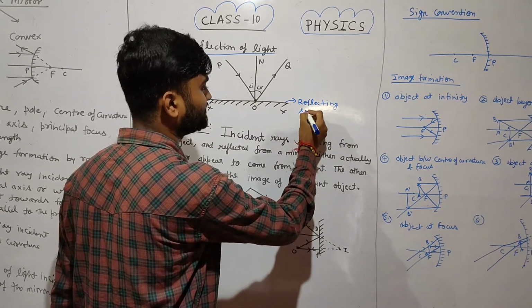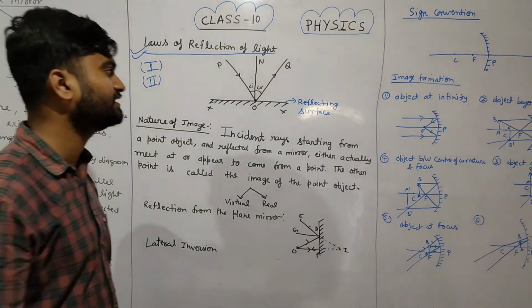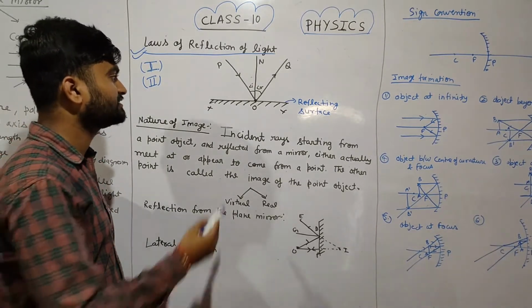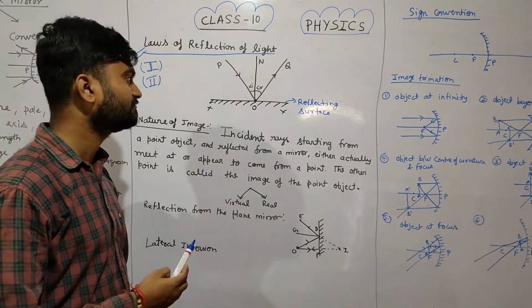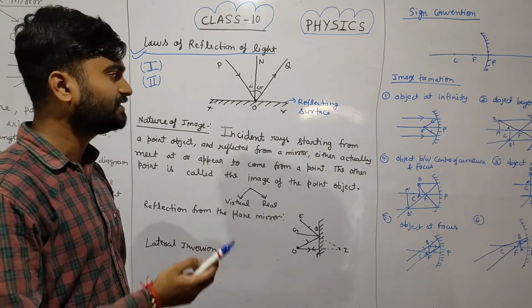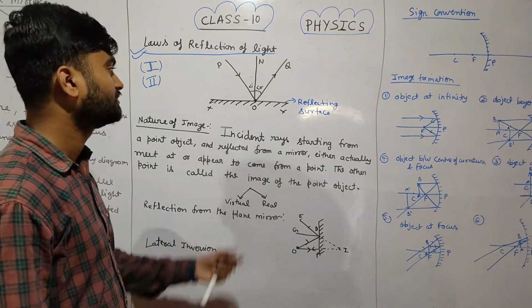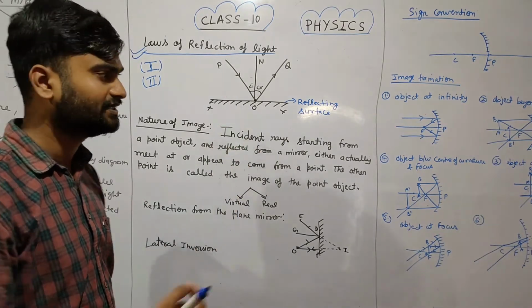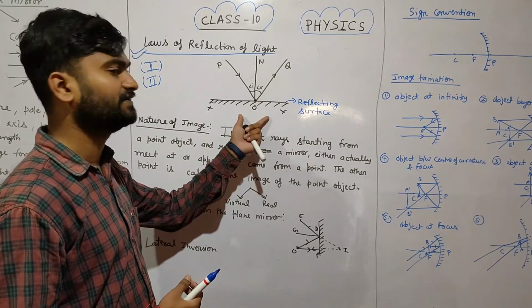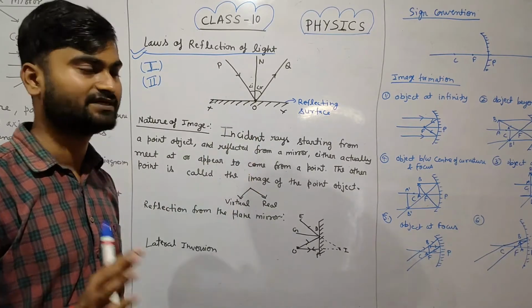As its name suggests, it is for reflection. The surface from which the light is reflected, or returned back, is known as the reflecting surface.